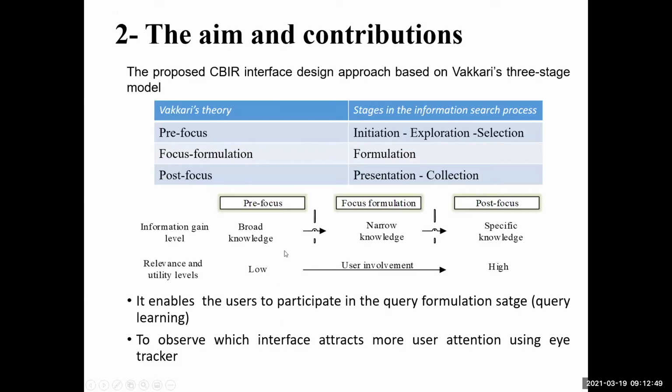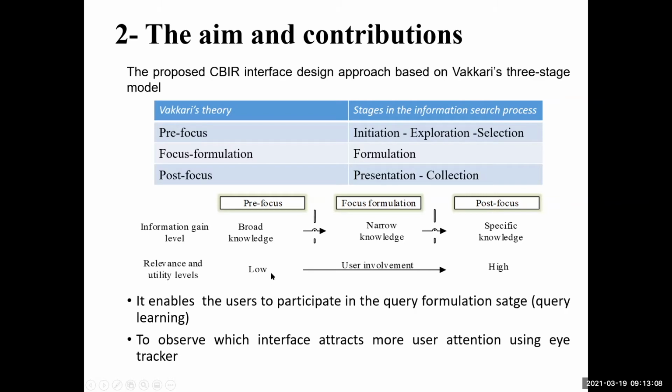As I mentioned before, the CBIR interface is built based on the Bakary theory. The Bakary model has three stages, where the user can initiate the search system, explore the image collection, and select the proper query.